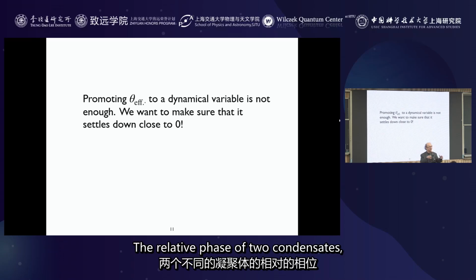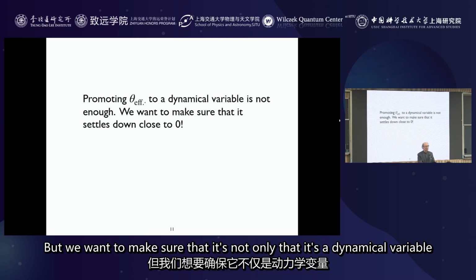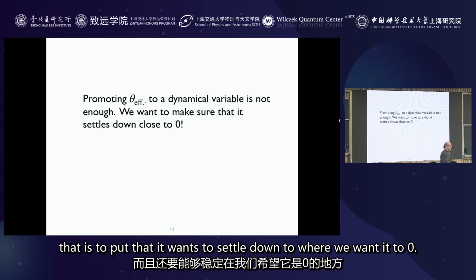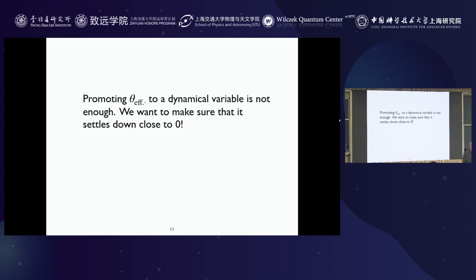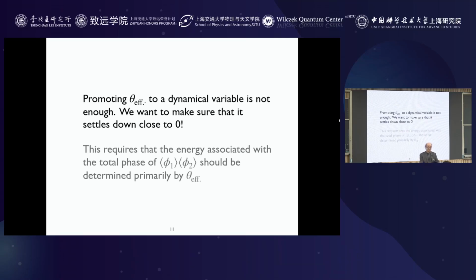It's the relative phase of two condensates, which can form independently. But we want to make sure not only that it's a dynamical variable, but that it wants to settle down to where we want it, to zero. And we want to do that in a way that's not ugly. Okay.